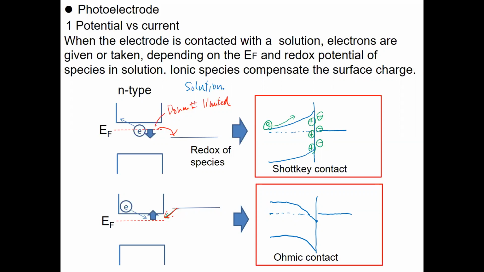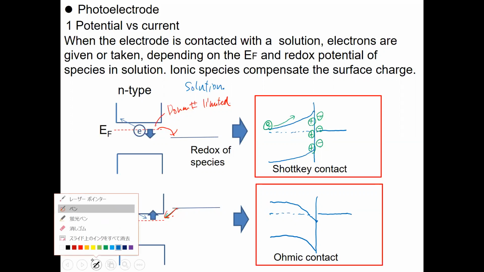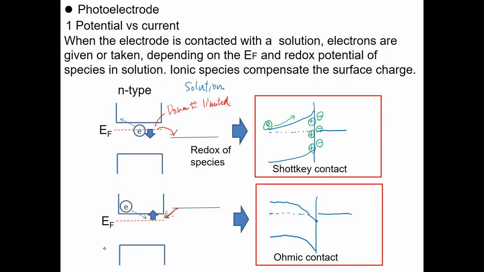And then I would like to mention that since the charge is given from the redox species, the surface becomes more negative because the donor side is occupied by the electron given from the species.